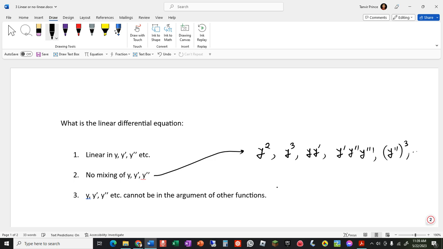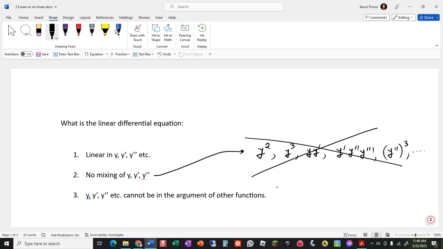So none of them is allowed. You can only have one term. You can combine all the terms that have y, and all the terms that have y prime, etc. I'll look into an example.